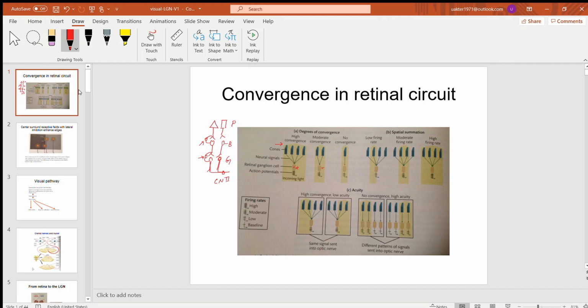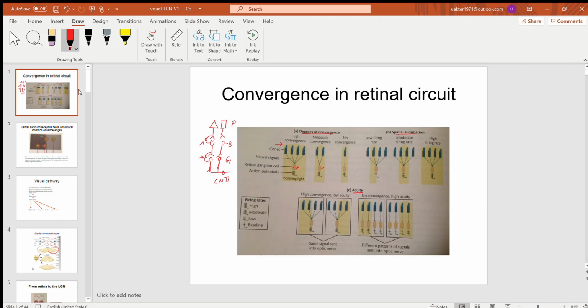So if you see here how the convergence can occur on the ganglion cell. Here you can see the spatial summation, and here you can see the acuity.